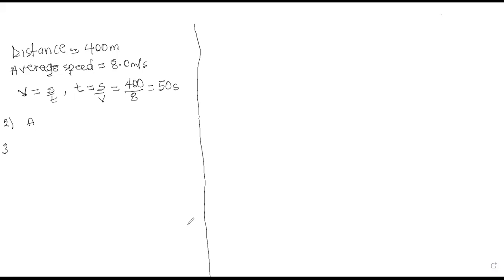Okay, so when you look at the graph carefully, from time 0 to 2, the distance covered increased gradually to 3 meters.